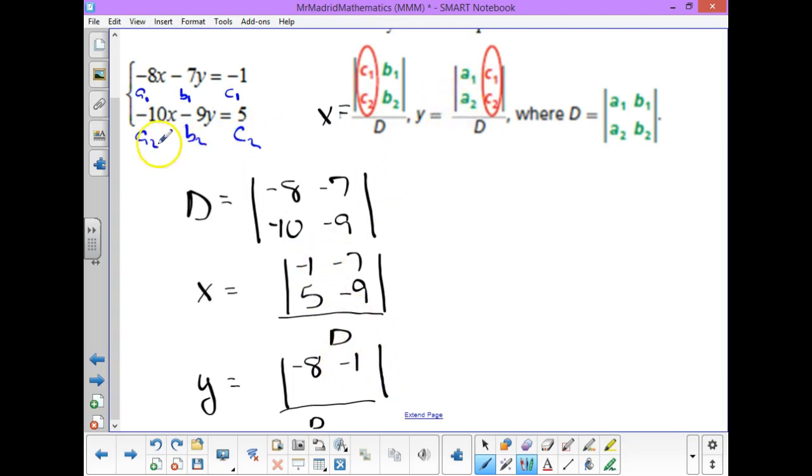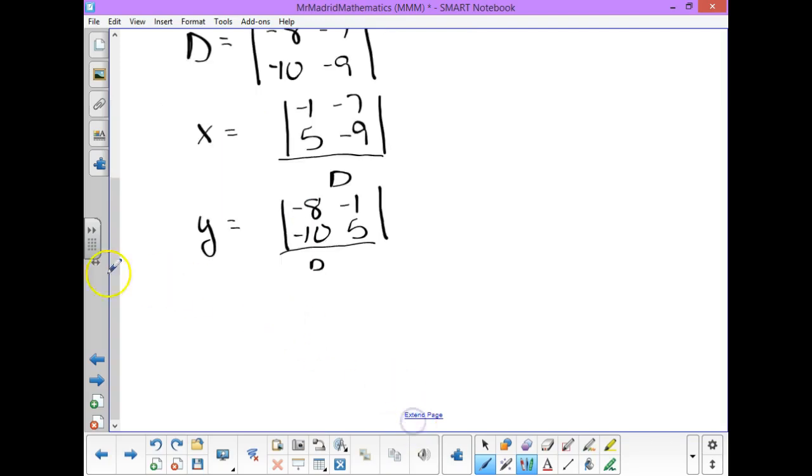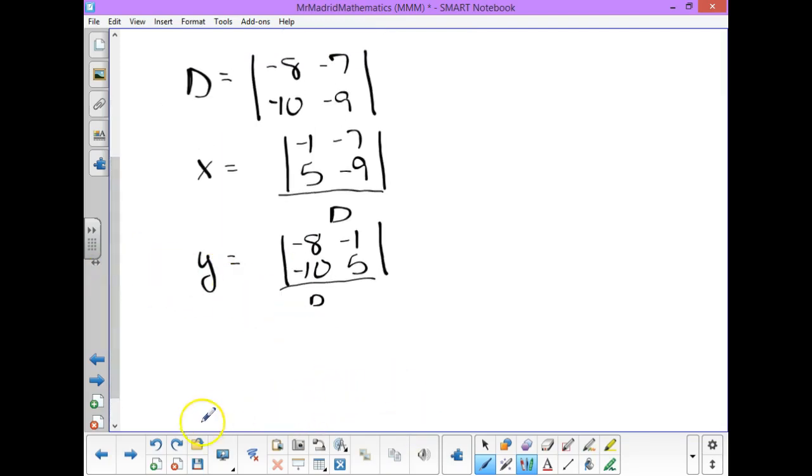A2, negative 10. And C2 is 5. I guess I wasn't going to do it, but it'll help you guys. Plus, they're kind of fun to do anyway, so let me go ahead and get them done after all.